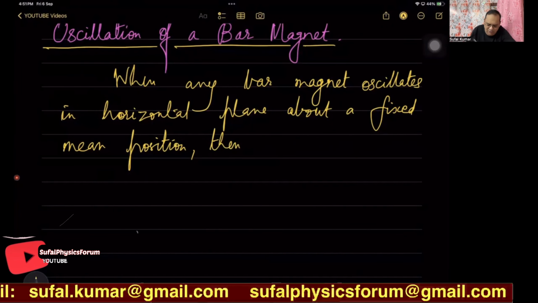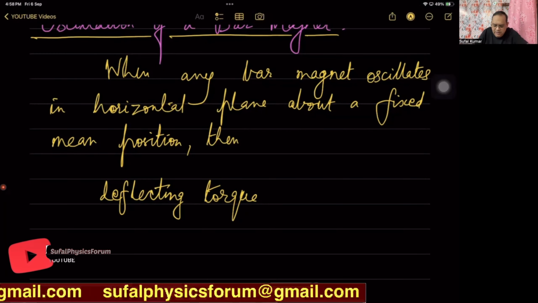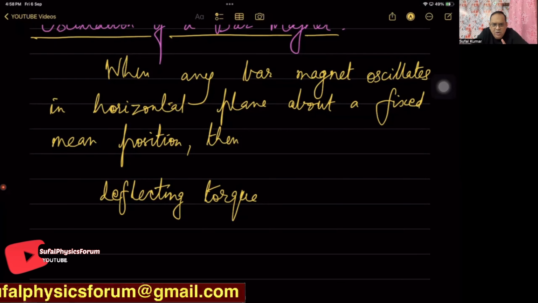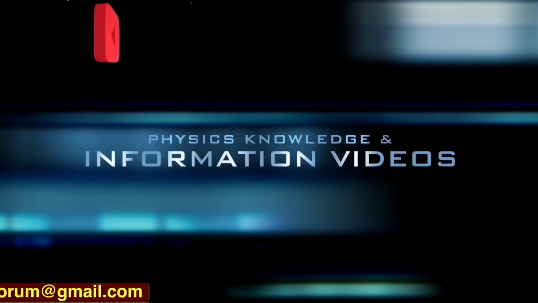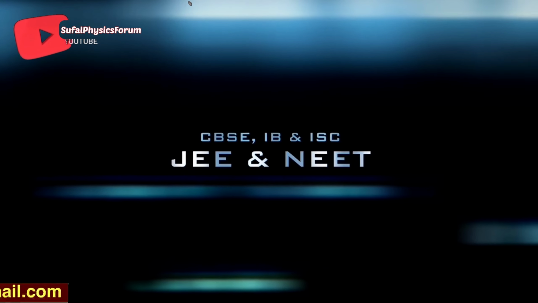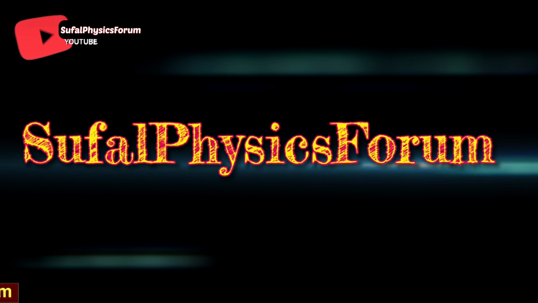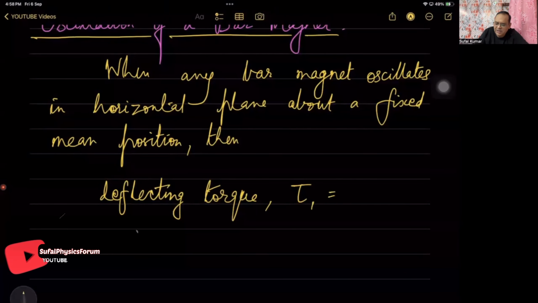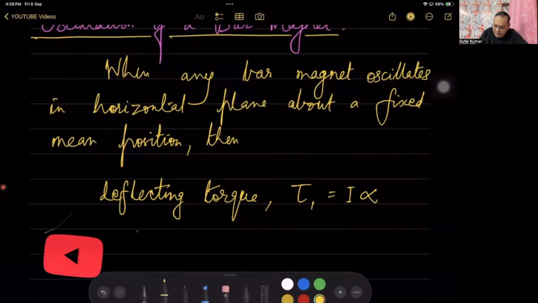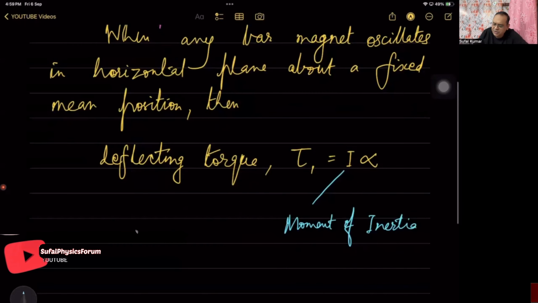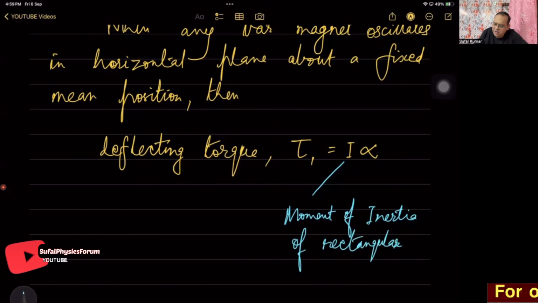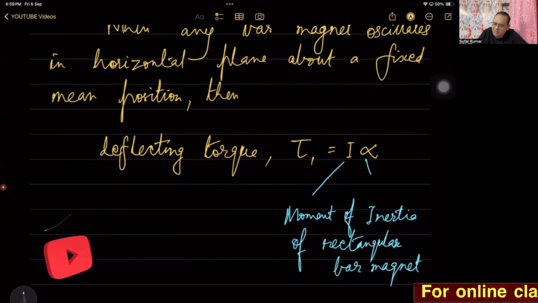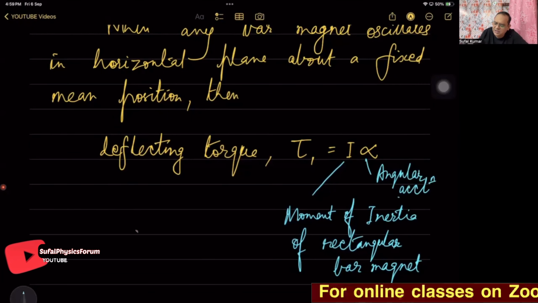First is the deflecting torque. Tau 1 is I alpha, where I is the moment of inertia of the rectangular bar magnet and alpha is the angular acceleration.